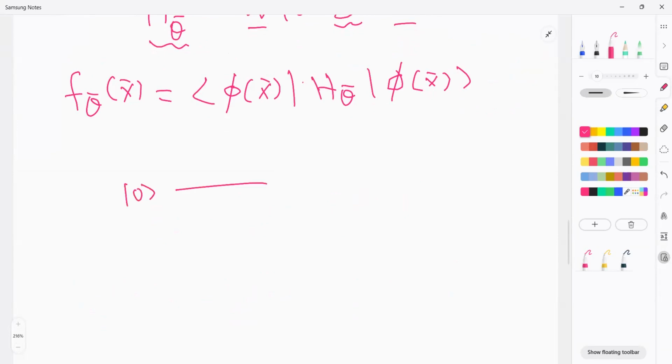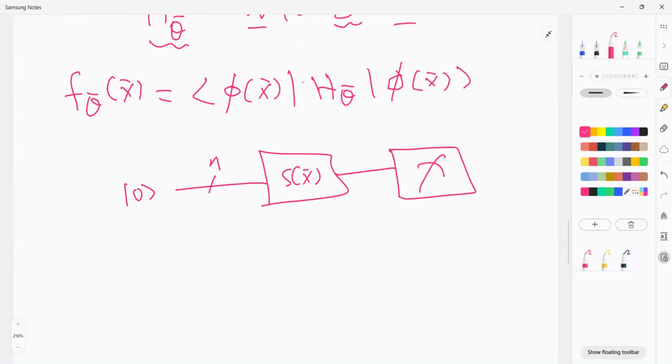So now if we look at this part, this means that our variational circuit has been just reduced to a data encoding part and a measurement part, where instead of measuring the z operator, we are just measuring this new observable H theta.